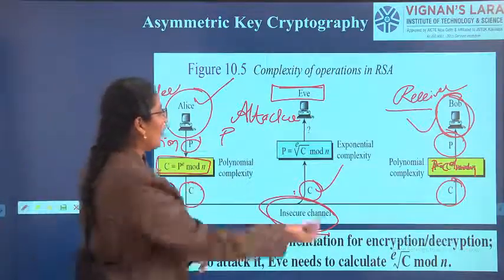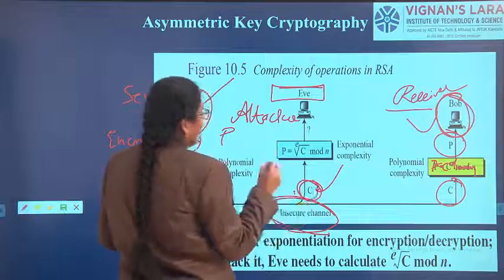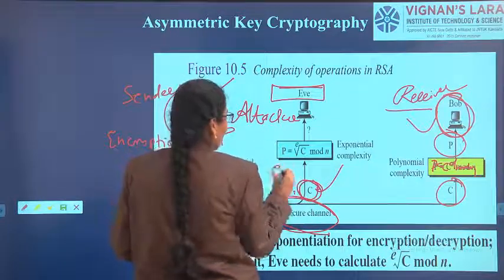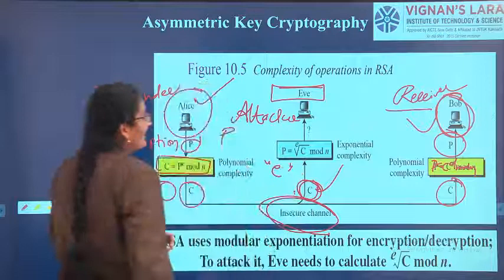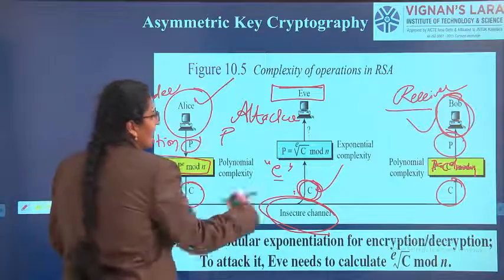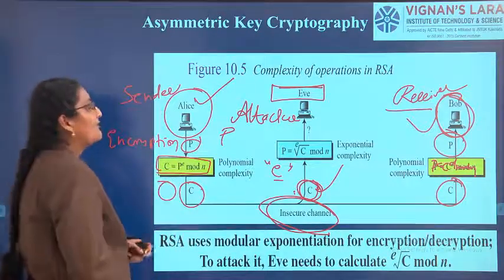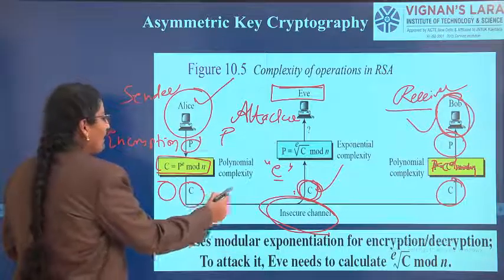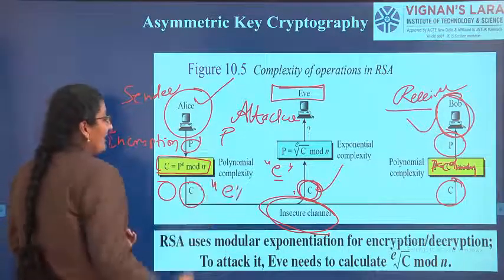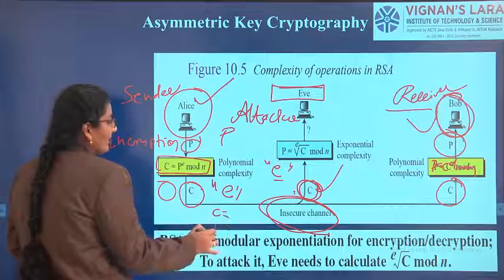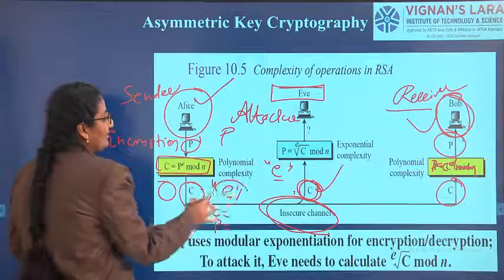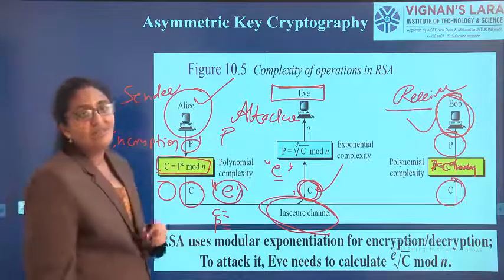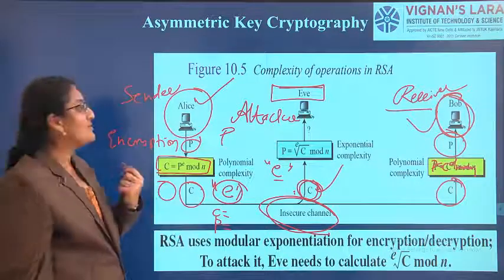If somebody attacks the ciphertext, in which we have the parameter E, and they cannot solve the value of E, then we get problems like the encryption exponent and decryption exponent. Finding the value of E from the formula C equal to, or from the formula P equal to, is where we have the encryption exponent or decryption exponent problems.